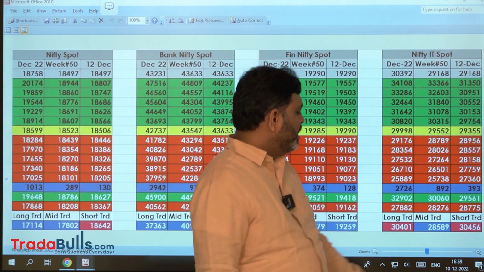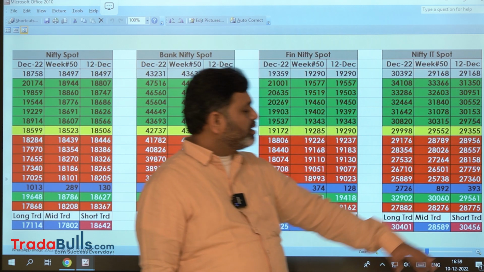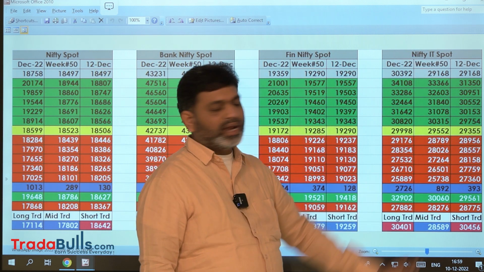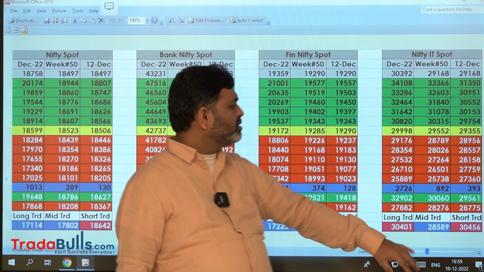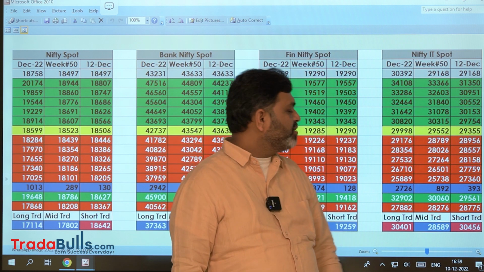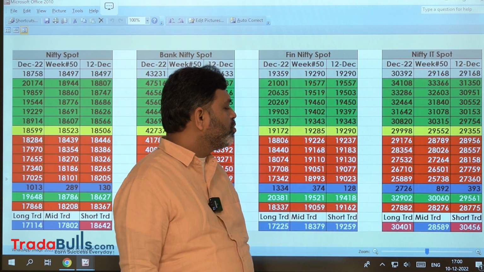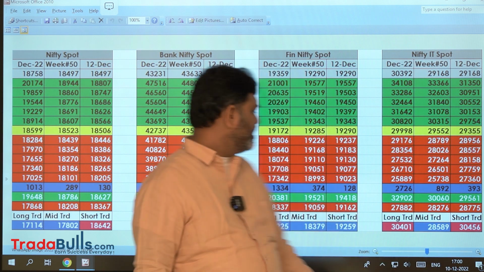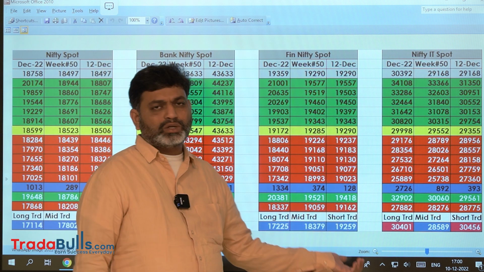In terms of trend, long term and short term are in downside, and only the mid term is in upside for IT, with closing prices of 29,168 and 28,589. If it breaks 28,589 and closes below, all three terms would be in downside in IT. Whereas banks and finance are very strong, with all three terms showing uptrend.